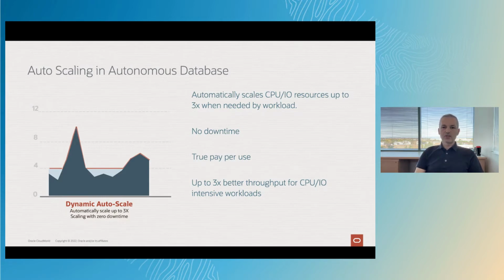And you're going to pay for these 8 CPUs that are shown here only for the duration of the time you used those 8 CPUs. This immediately provides, obviously, up to 3x better throughput for CPU and I/O intensive workloads.